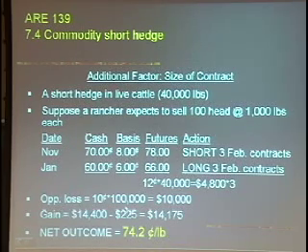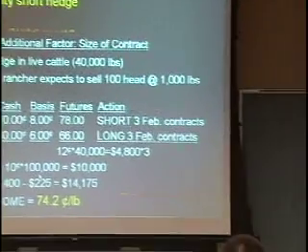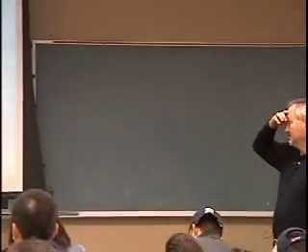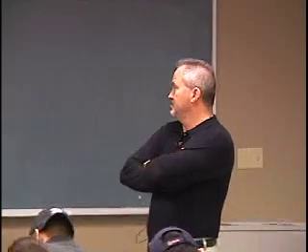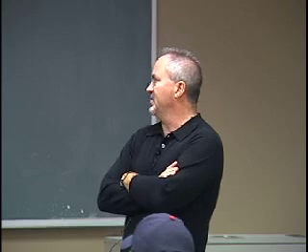Yes? The contract has a delivery point. Can you just deliver very good cattle in the futures market? You could, yeah. But there'll be some costs of doing that as well. Usually the basis reflects costs of storage or transportation costs. But absolutely, feeder cattle doesn't allow delivery, but live cattle does.